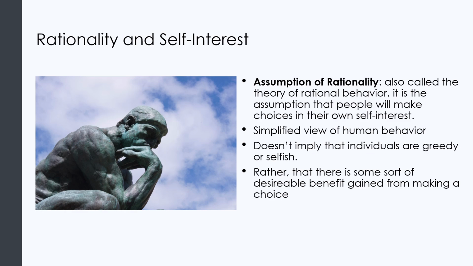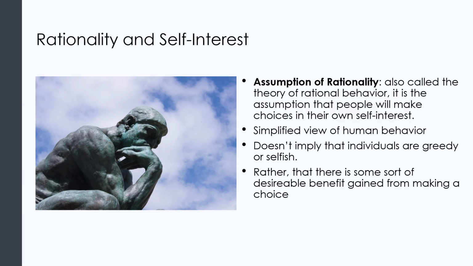Economics is built on an assumption of rationality and the theory of self-interest. So now this is a really simplified view of how humans make decisions. It comes out of our Greek and European traditions.